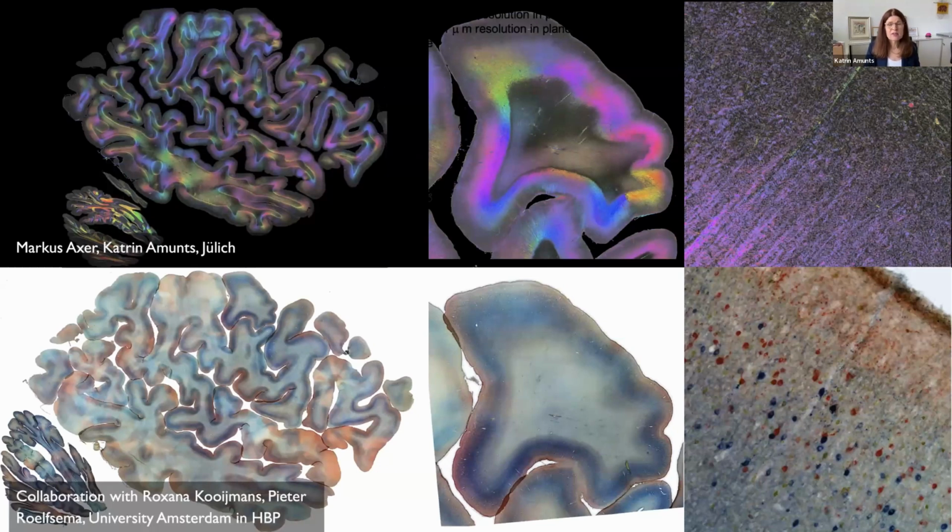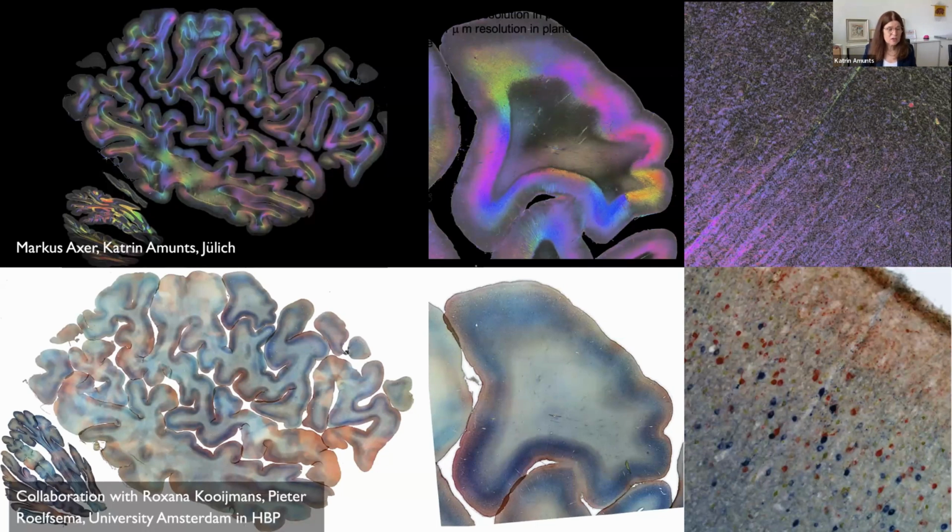On the upper left, you see such a PLI image, and the different colors code the different directions of fibers, while black indicates that the fibers are going very steep. And you see here a lot of differences in fiber orientation down to the single cell level.